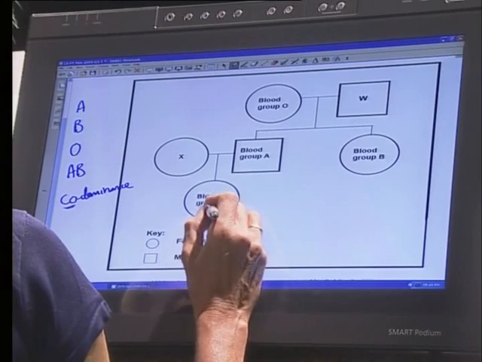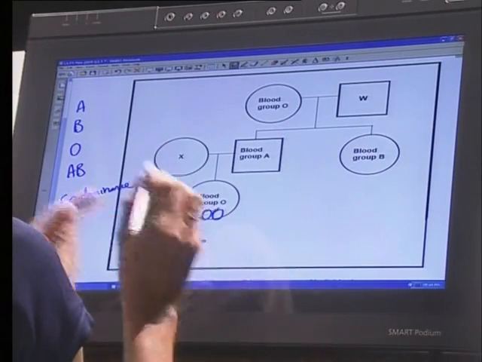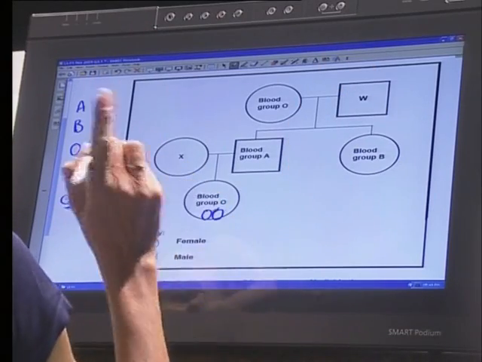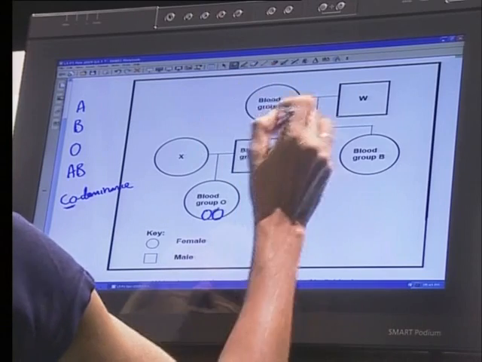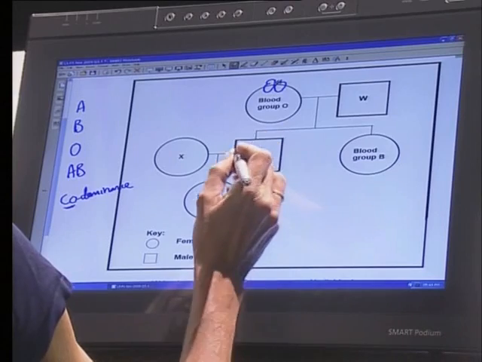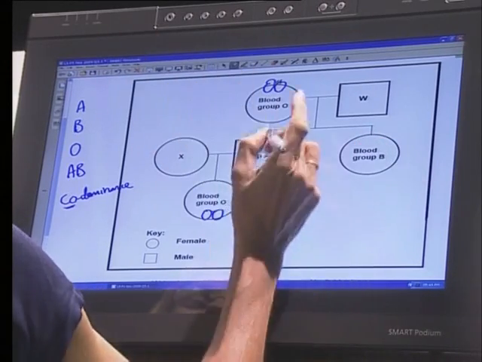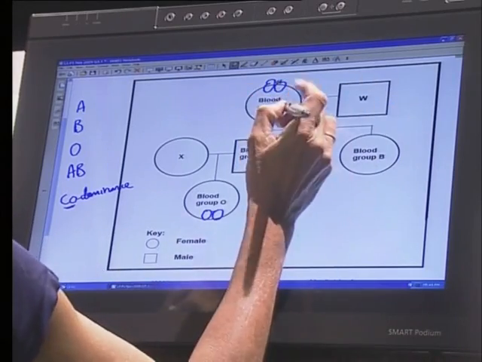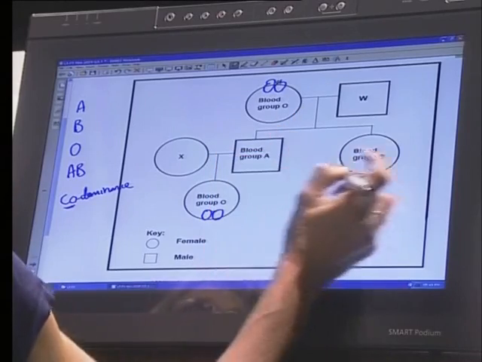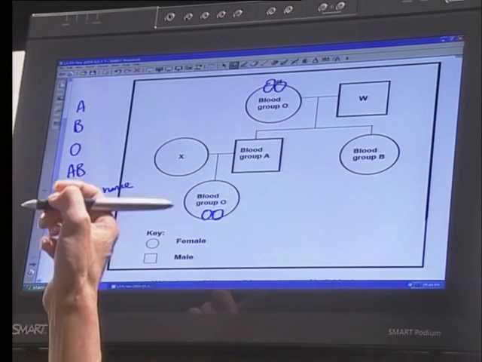So that is my recessive trait, and you always go to your pedigree chart and mark your recessive trait first. Now, this one here is blood group O, so it must be OO. This one's blood group A and this one blood group B, which means these two people had two children, one blood group A and the other blood group B, but the mommy is OO.